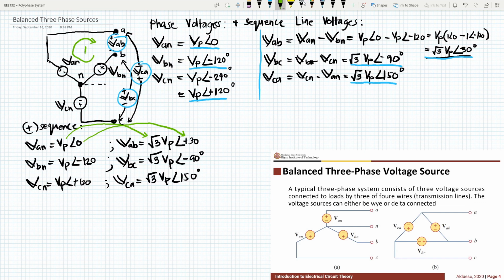Same here, the angle is added by 30, and right here, the angle is added by 30. If you're given the phase voltages, you can use the shortcut to find the line voltages, or you can use KVL like what we did right here. So when getting a line voltage from the phase voltage, the line voltage VL is just equivalent to square root of 3 times the phase voltage, then you add 30 to the angle.